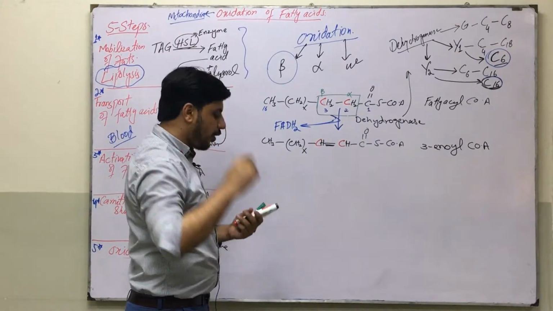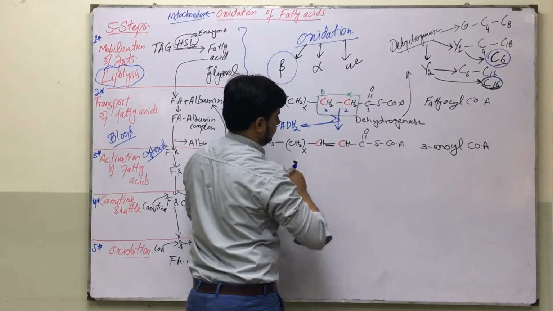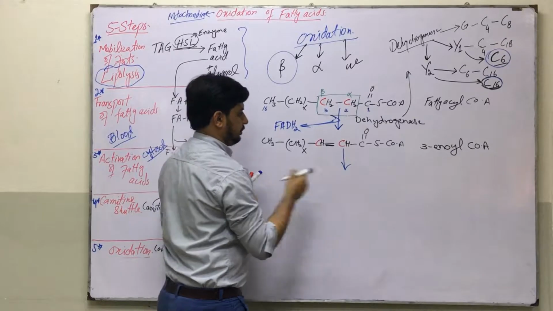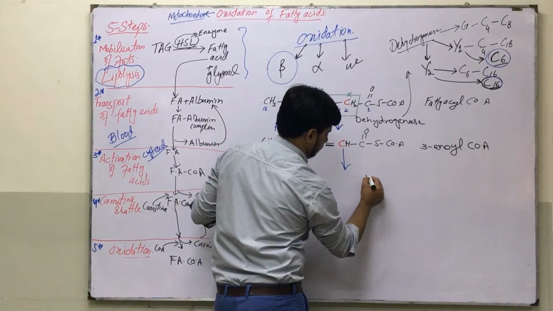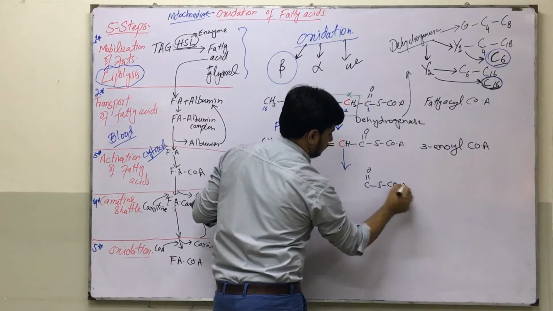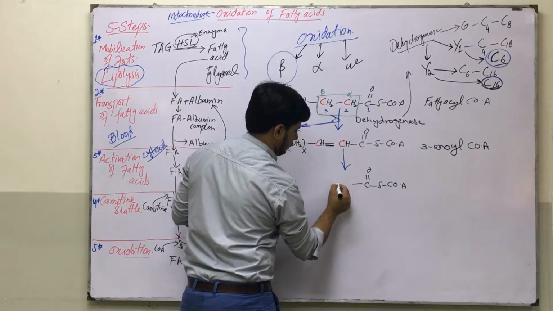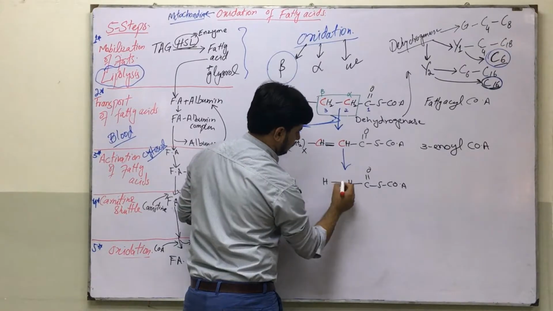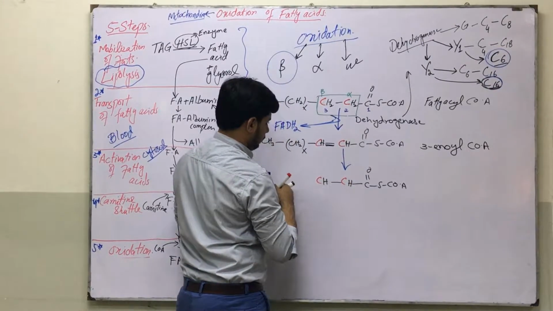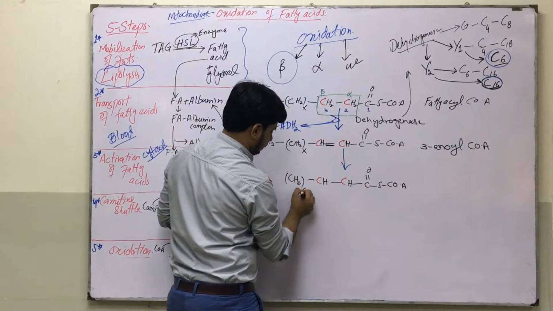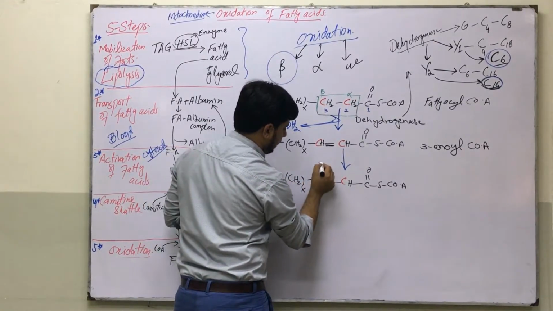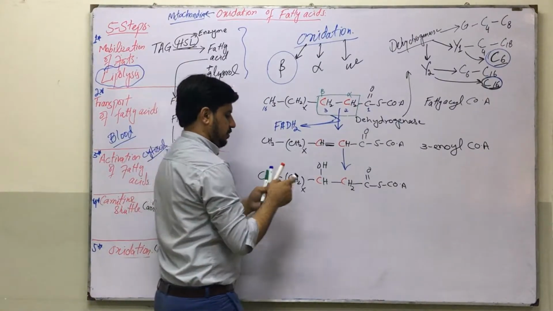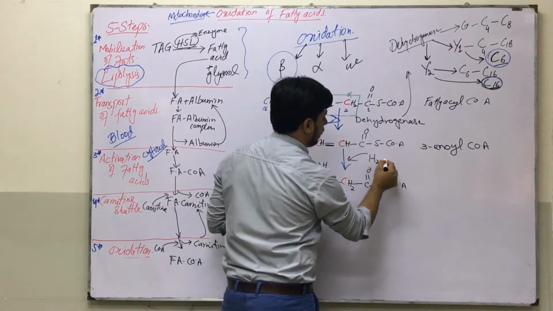Now there will be the addition of 1 molecule of water, and as a result this double bond will break, and here will be a hydroxyl group, and here is CH2, by the addition of 1 molecule of water.